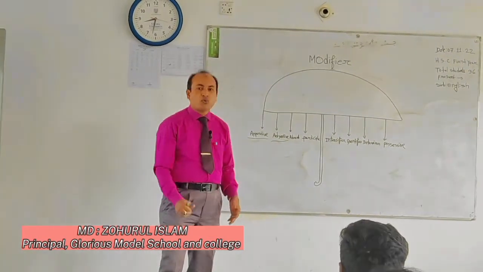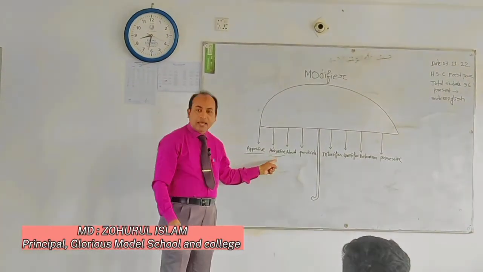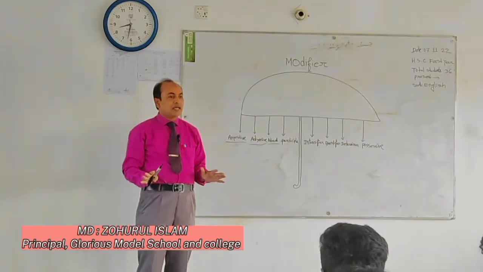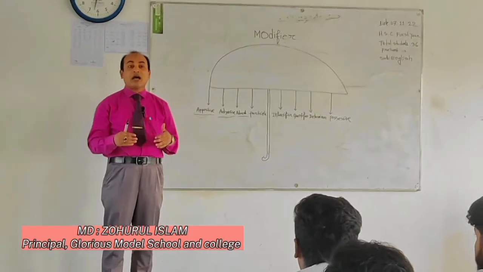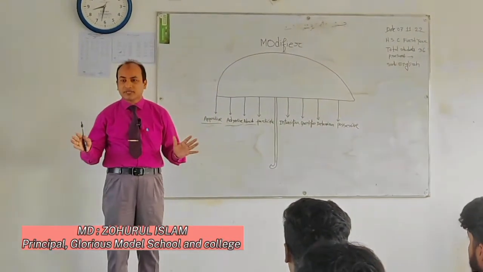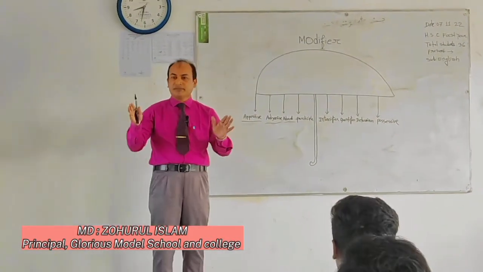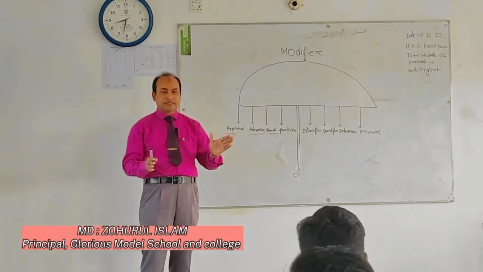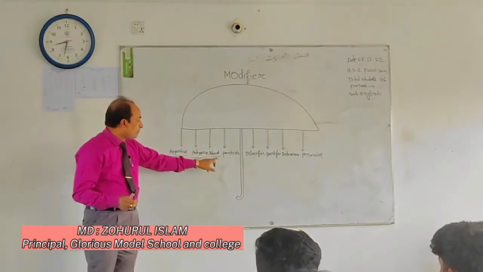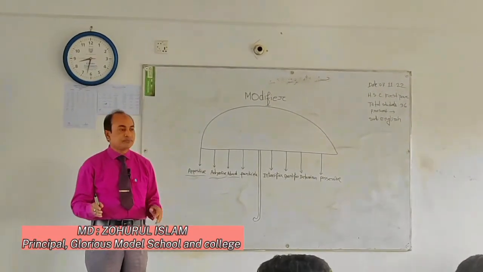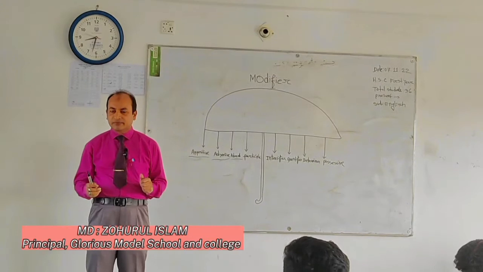So sometimes we use adjective as adverb, which tells us about the function, about the position of verb. Suppose he is going slowly, he is going quickly. So the function of verb, that is called adverb. So sometimes we use adverb as modifier.